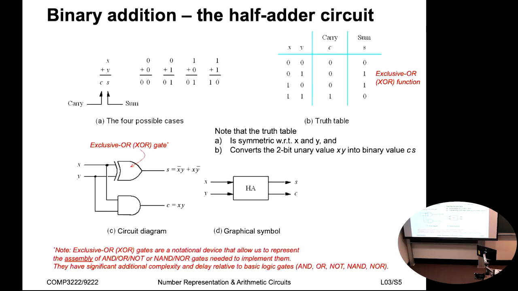What is really important to note, and I will mark people down if they don't understand this idea, is that this exclusive OR gate is a lot more complex. There is no single gate that is an exclusive OR gate.